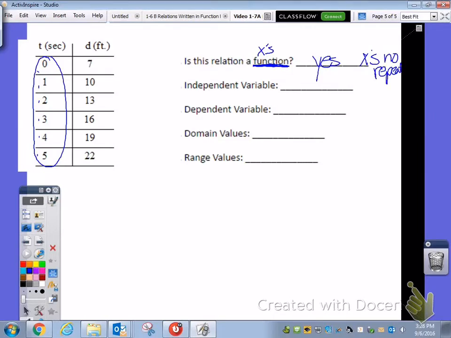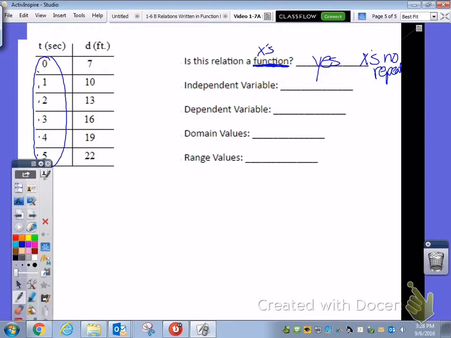So it's a function. The independent variable. Remember that your independent variable is always, always, always the first column. So the independent is always your x. In a table, it is always the first one. So look at the label.